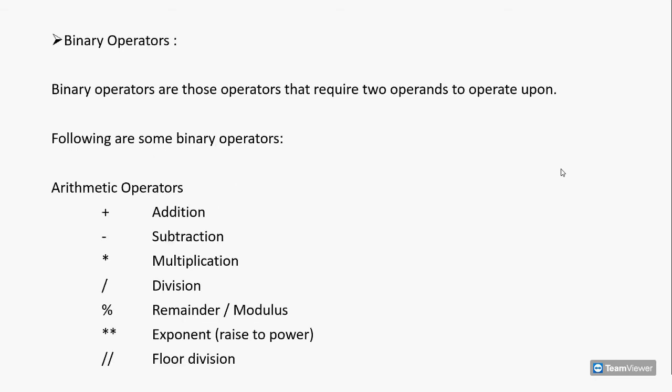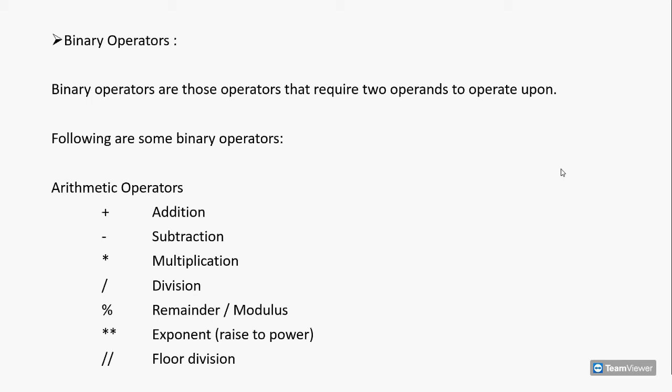Binary operators. Binary operators are those operators which require two operands to operate upon. The following are the arithmetic operators which come under binary operators. Plus, this is the addition operator. Minus, this is the operator for subtraction.